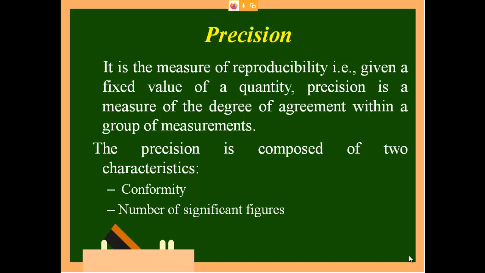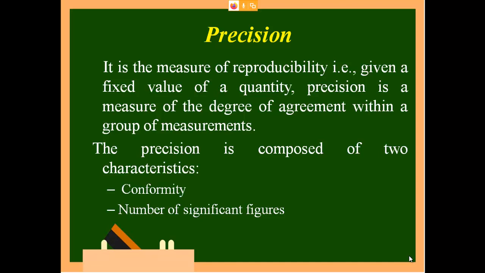Then only we can say it is precise. That is why we use a quartz crystal, and we say that quartz crystal is highly precise. That means when you give an electric pulse, the vibration count will always be the same, which means the reproducibility is exactly the same. So that is called precise.